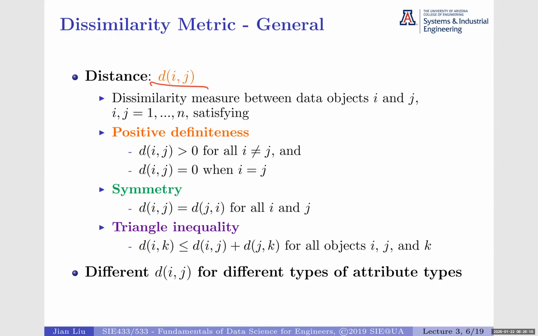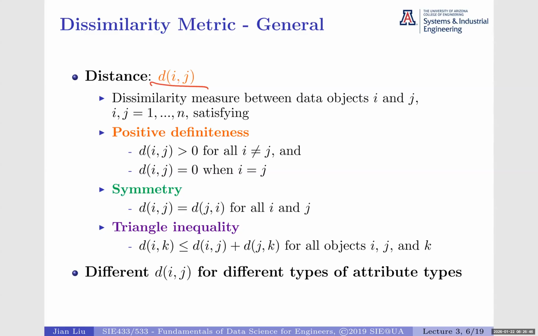It can be positive when the two data objects are different from each other, when there's at least some difference. It is equal to 0 when these two data objects, at least as modeled by the given variables, are the same. For example, for two students in this class, if we only consider gender, department, and major, we may have multiple students identical to each other.